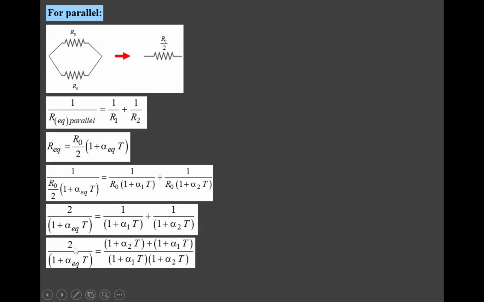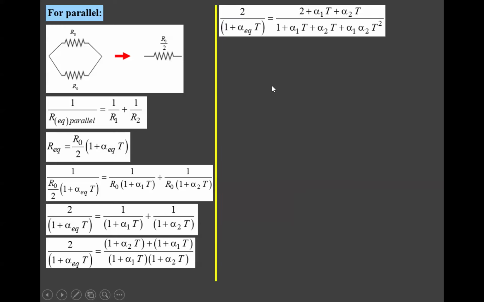Now take the LCM on the right hand side. The left hand side stays as it is, and the right hand side is (1 plus alpha 2 T plus 1 plus alpha 1 T) upon (1 plus alpha 1 T) into (1 plus alpha 2 T). Now take the cross product.